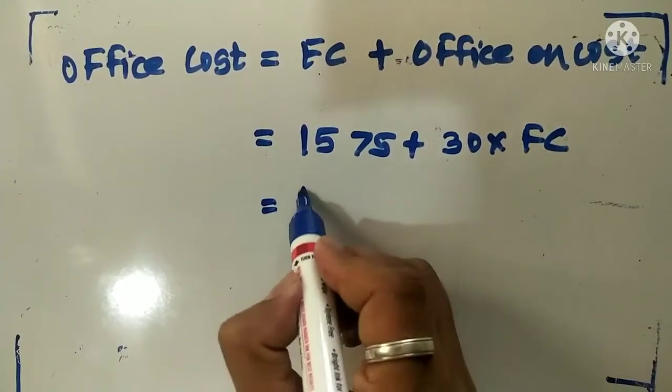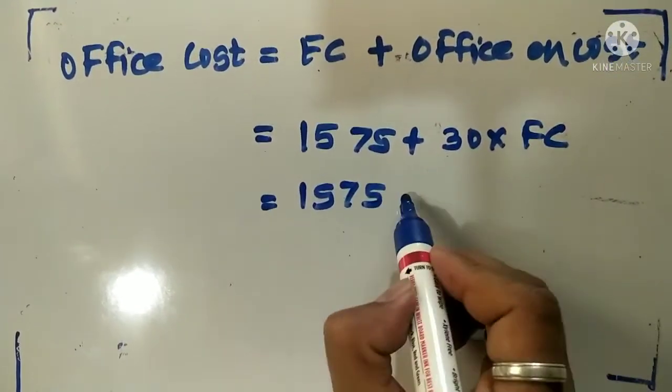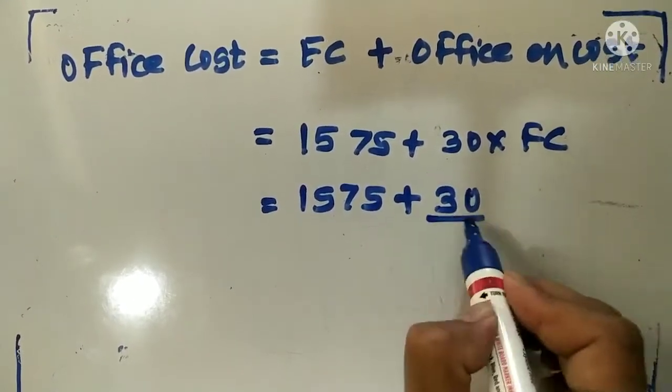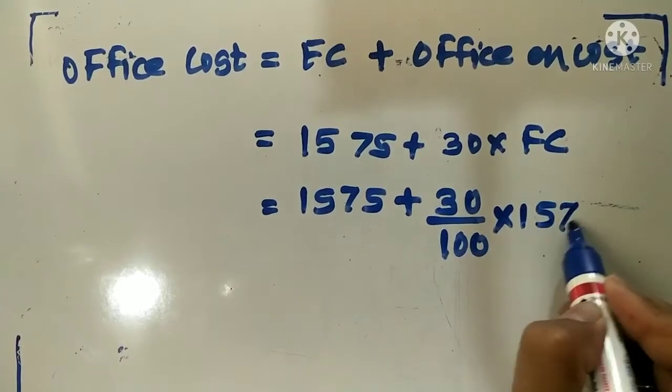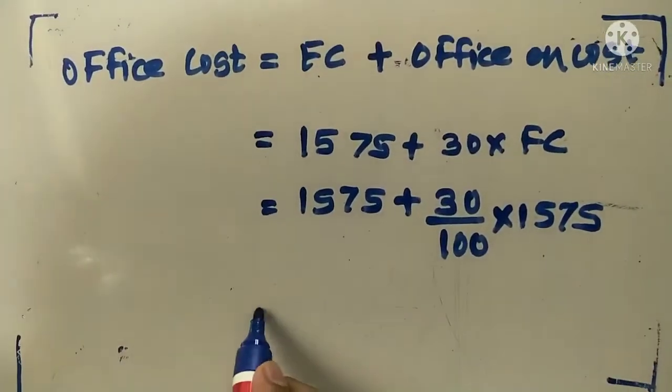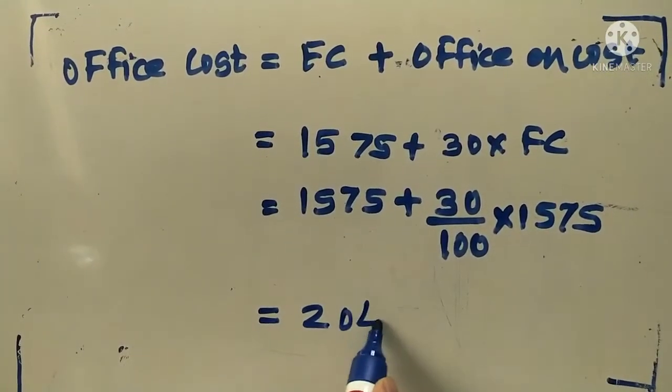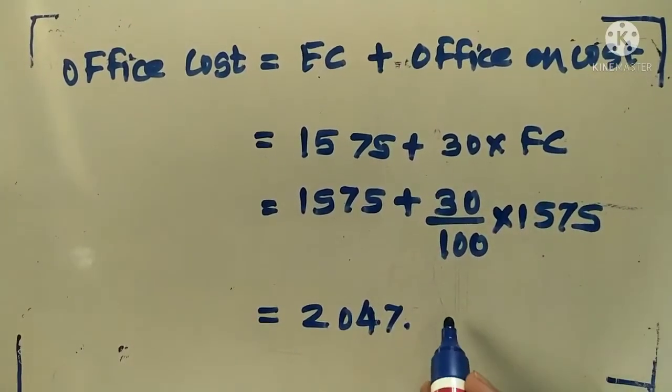So if we do the calculation, 1575 plus 30% of 1575, we will get the answer 2047.50 rupees.